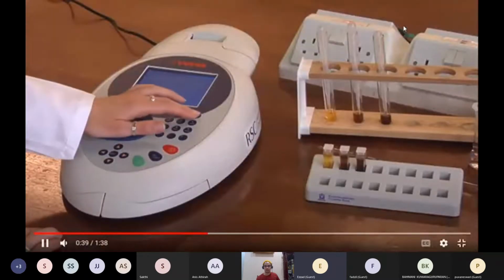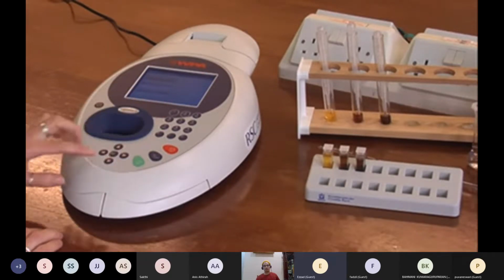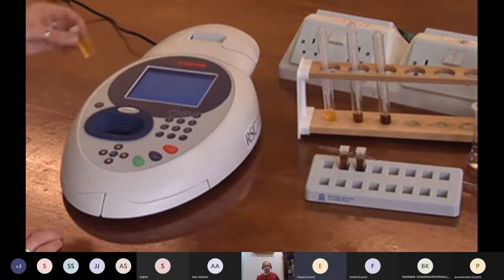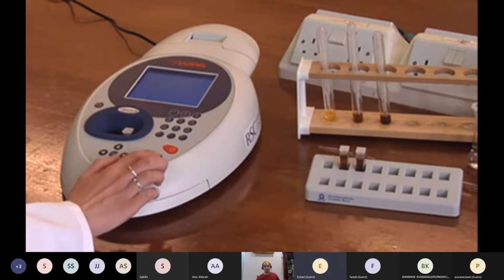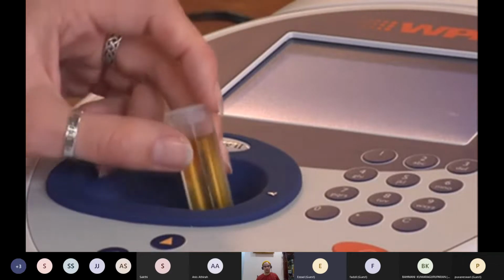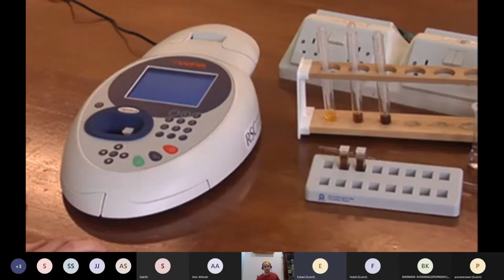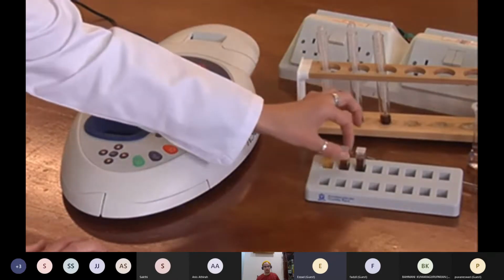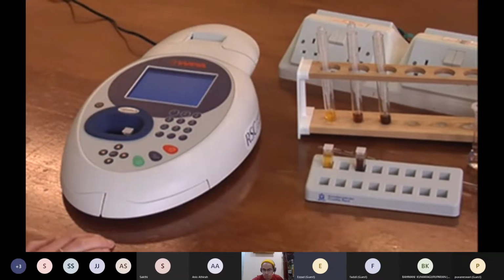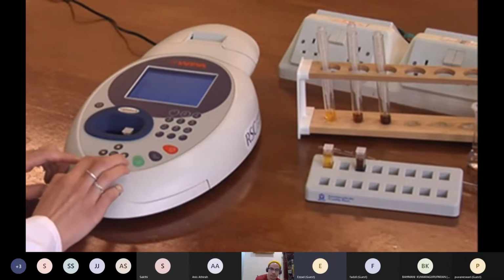To run a spectrum, the correct method must be selected using the spectrometer's finger pad. The cuvette must only be held by the frosted or textured sides. Fingerprints will interfere with the results of the spectroscopy. The spectrum is recorded.